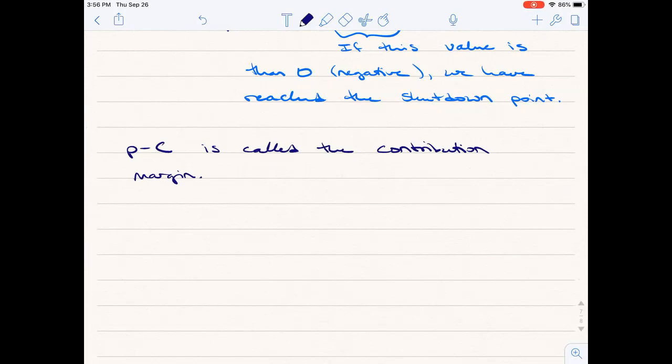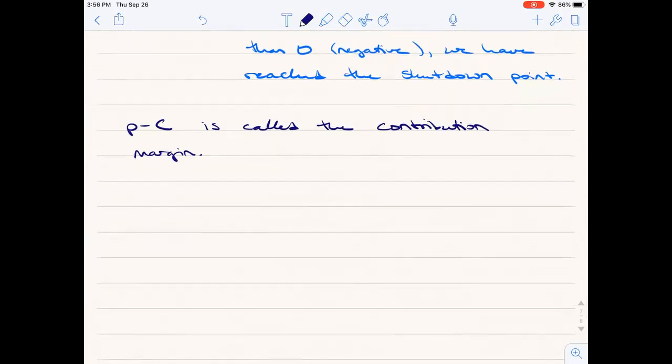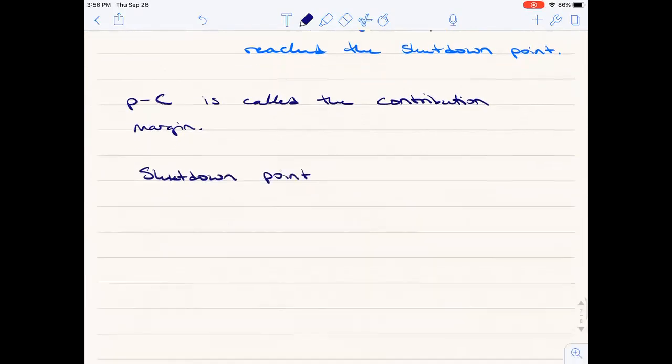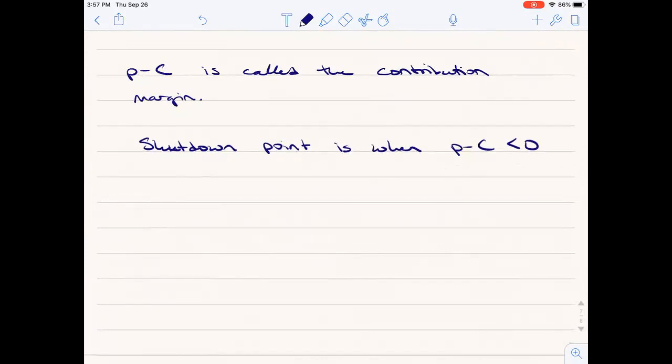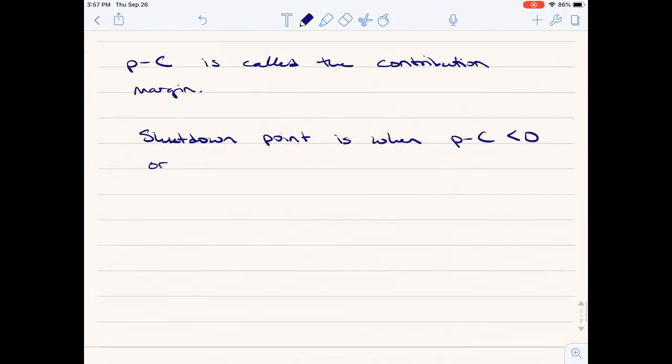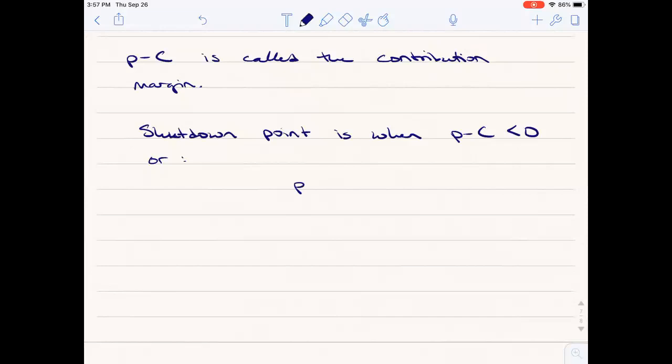So the shutdown point is when P minus C is less than 0, okay, or when P is less than C.